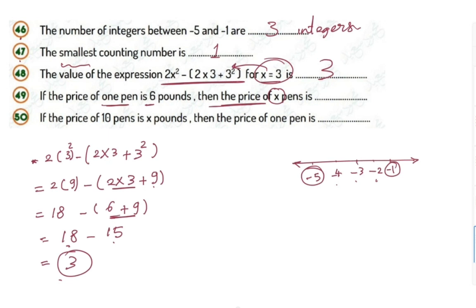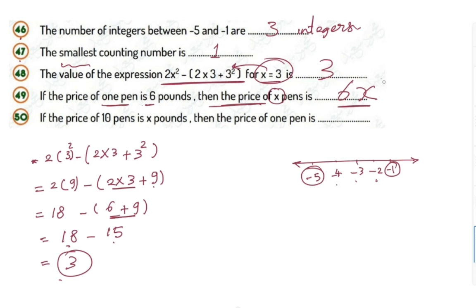So if you multiply the price of 1 times the number of pens you will buy, you find the total price. So 6x is the price you will pay.